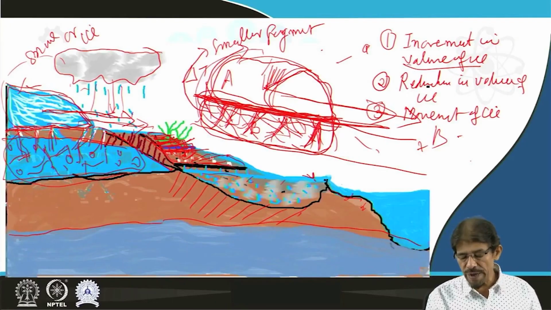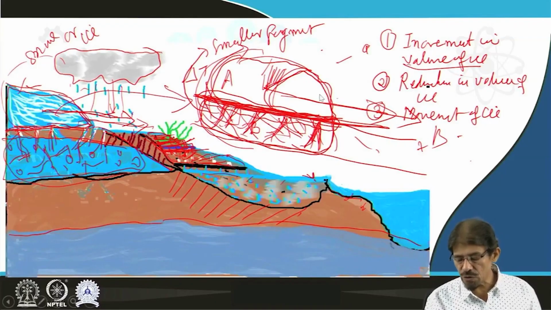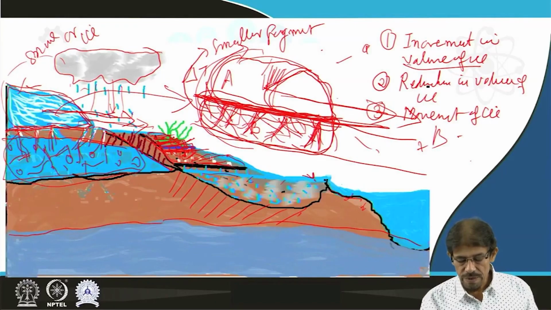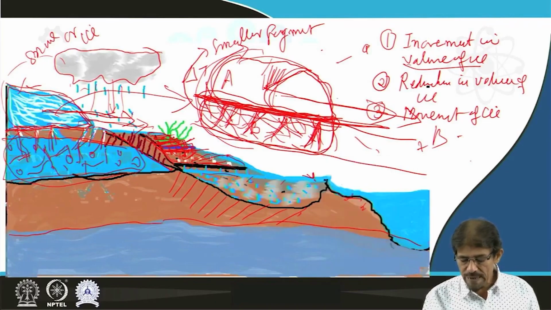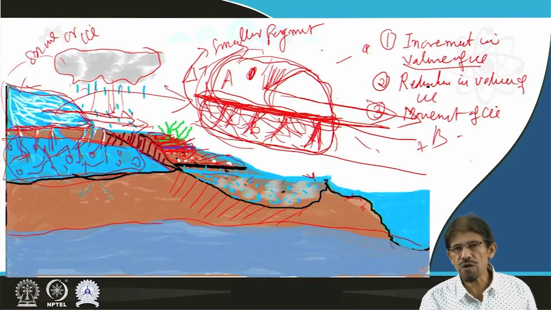In this way, the solid water and rock interaction or soil interaction is going to change the physical features of this underlying rock, as well as the changes due to drag, the changes in the overlying solid water body.